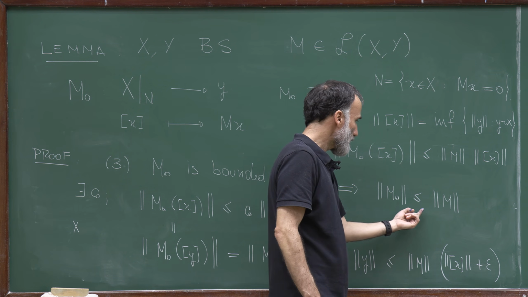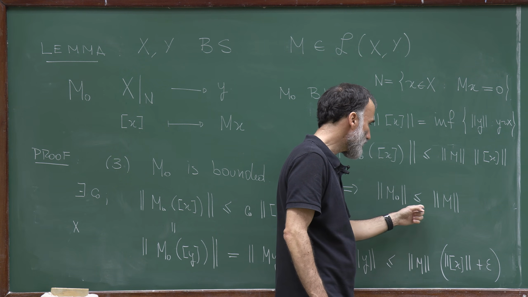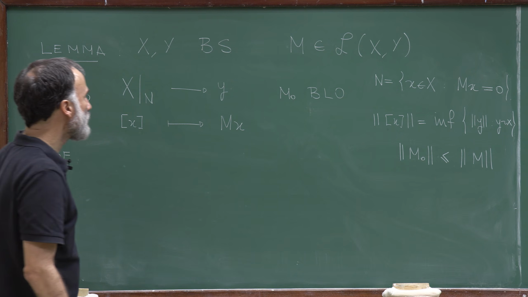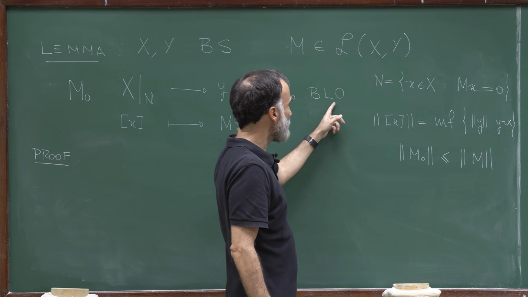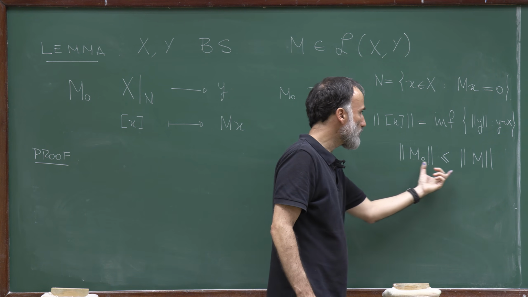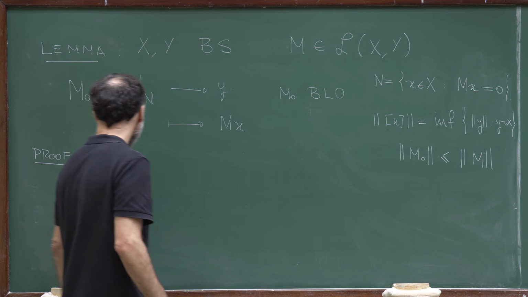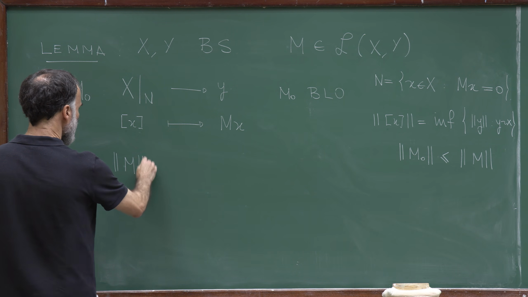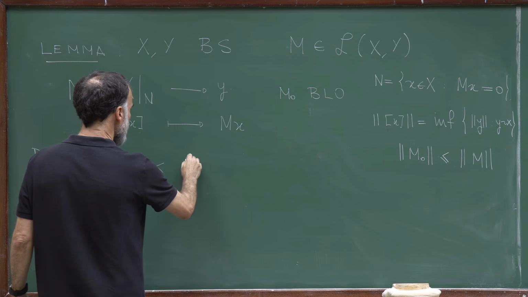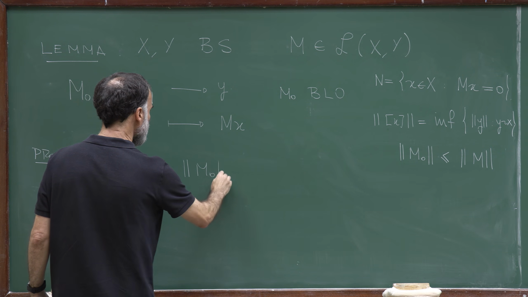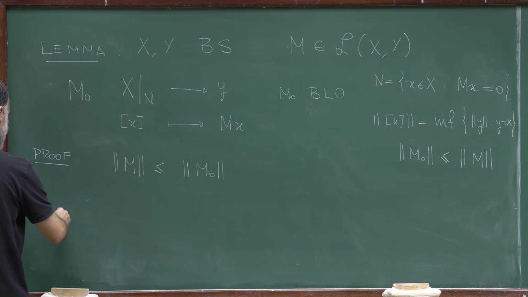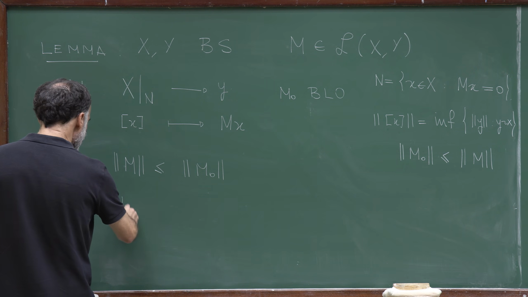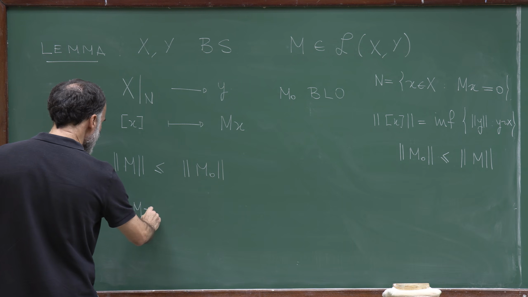So now I claim that actually we have here an identity. We just proved that M0 is a bounded linear operator and that its norm is bounded by the norm of M. Now I claim that the norm of M is bounded by the norm of M0. To prove that, let me fix x in X and consider the norm of Mx.